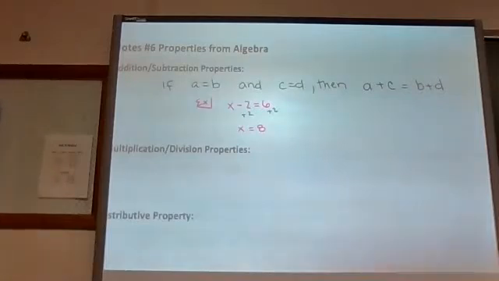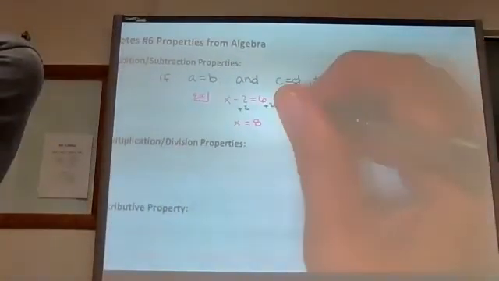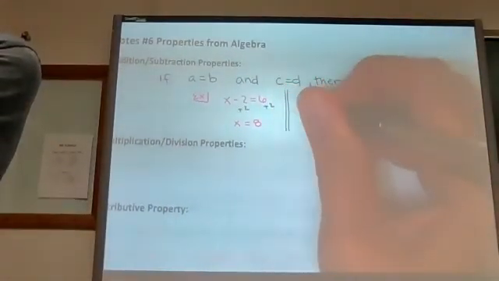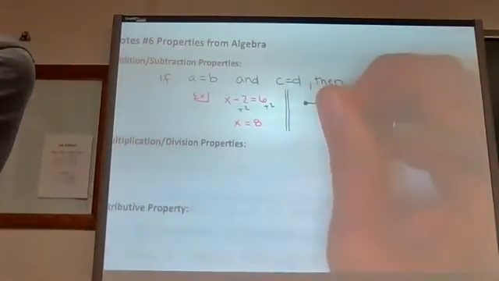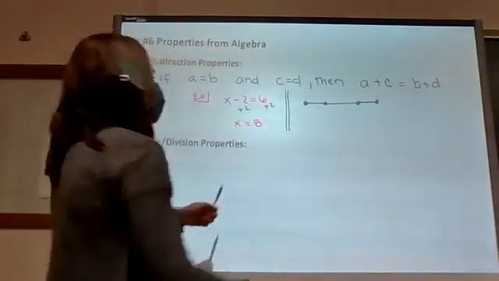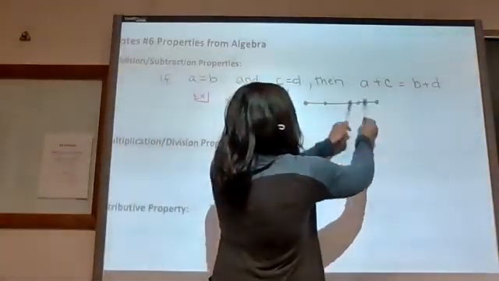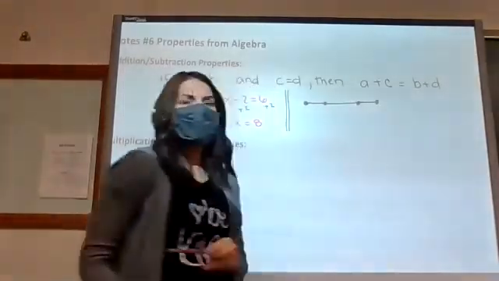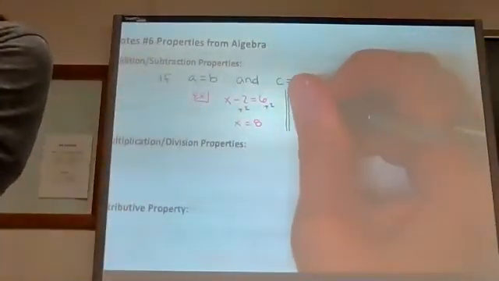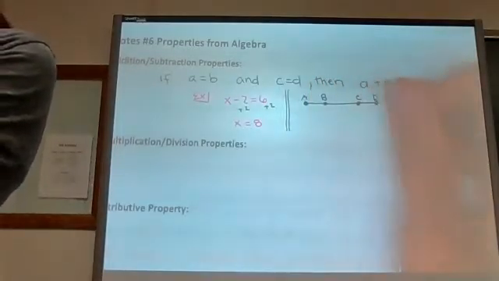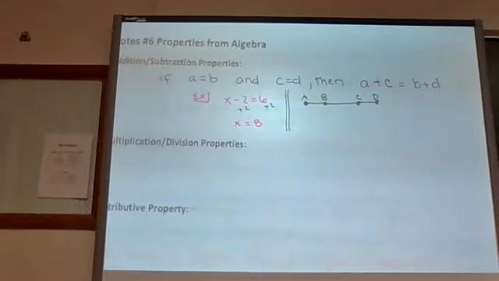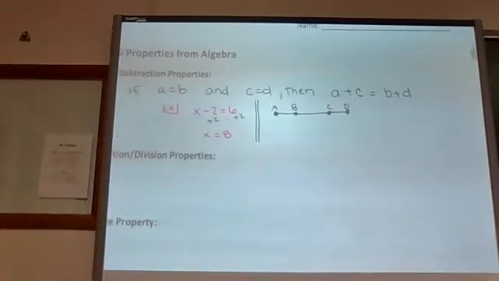In a geometry proof, let's give us a second example. Maybe I have a segment. Okay, I have a segment, and I tried to make these look the same. I'm going to label my segment A, B, C, and D. I'm going to mark that segment.